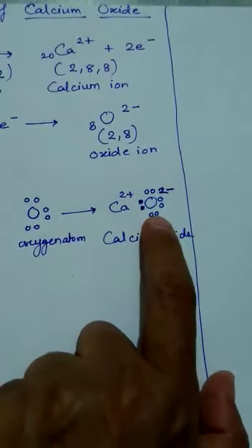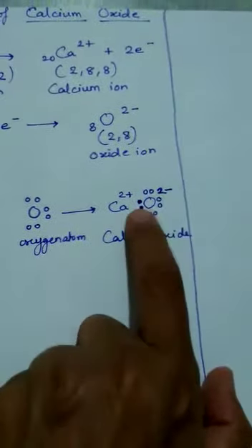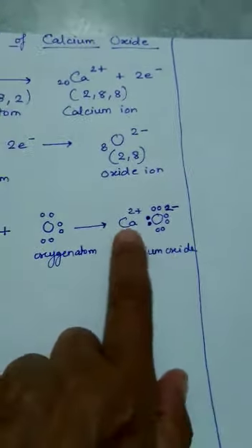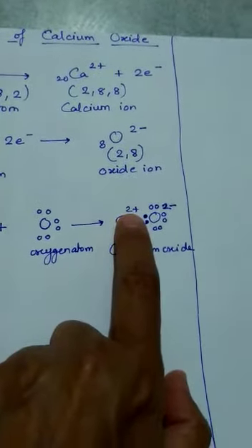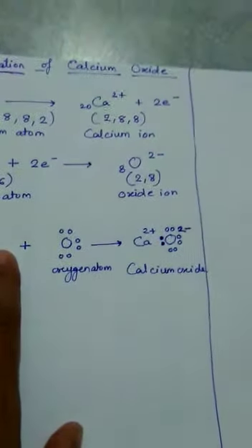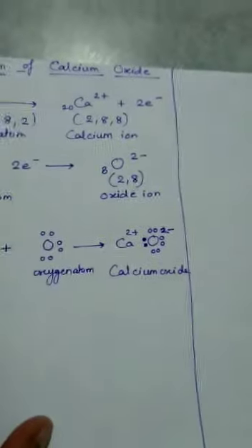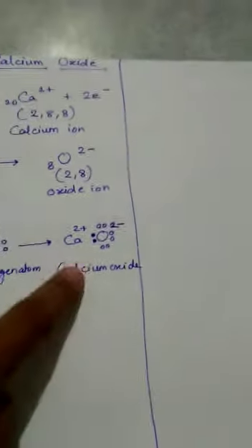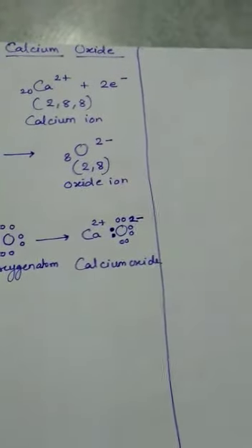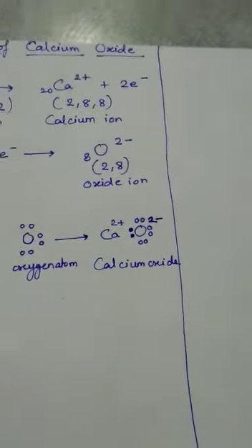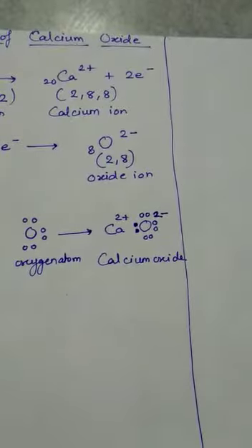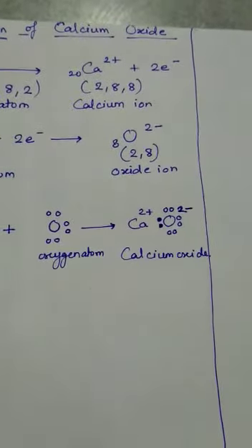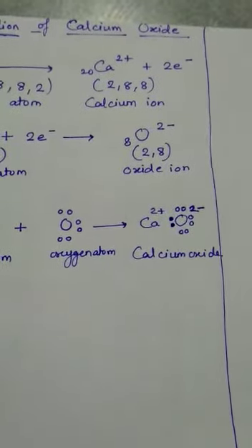So we can see here the total number of electrons in oxygen becomes 8 in the outermost shell, and calcium acquires 2 positive charges because it has donated the 2 electrons, and by donating its 2 electrons it will have 2, 8, 8. Again it will also have 8 electrons in its outermost shell. So both the calcium and oxygen atoms will acquire 8 electrons in their outermost shell, and they form calcium oxide.